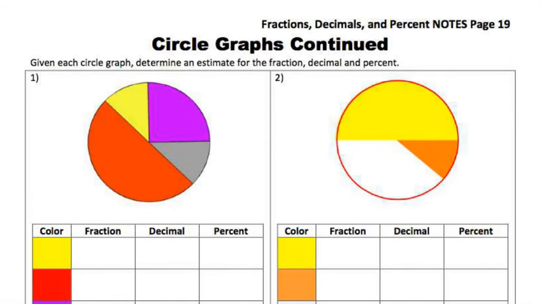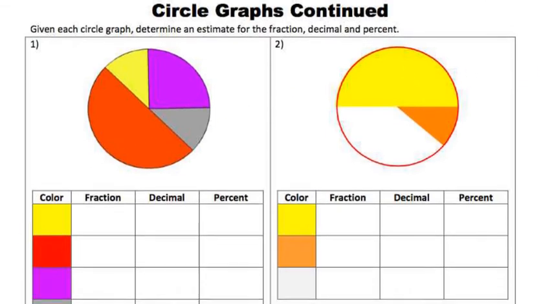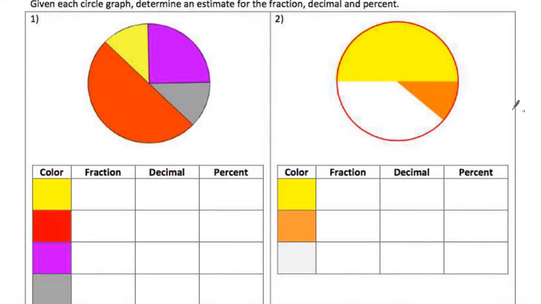It says, given each circle graph, determine an estimate for the fraction, decimal, and percent. The most important part is you're going to look to see what's the smallest section. If I continue some of these cuts here, I'm going to continue this one across there.